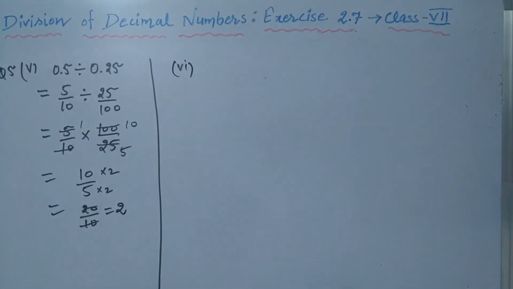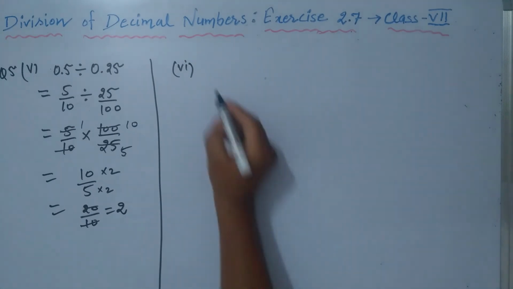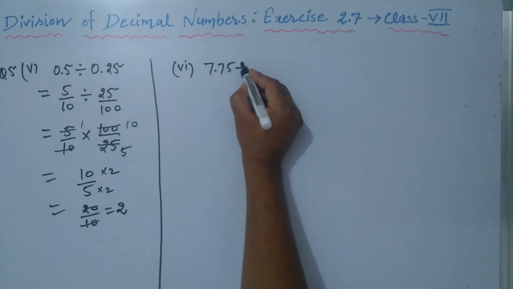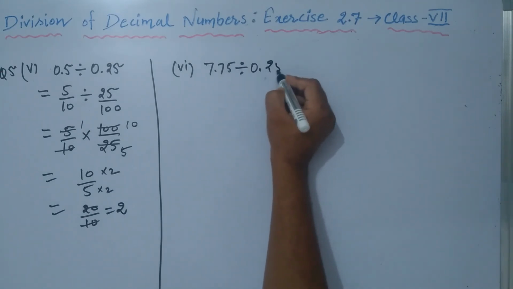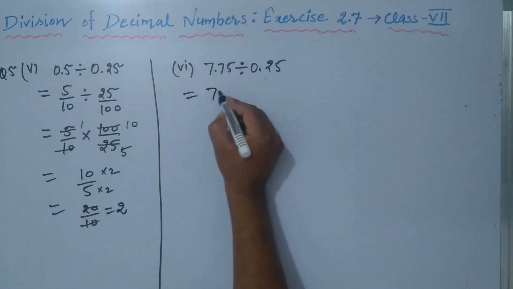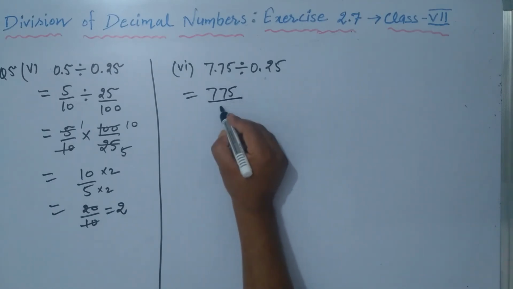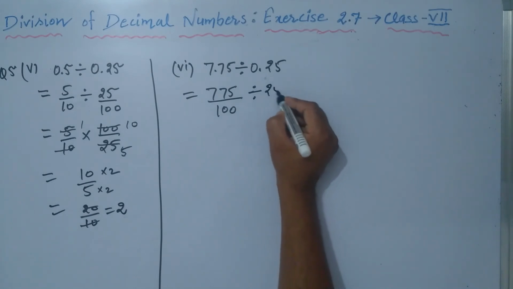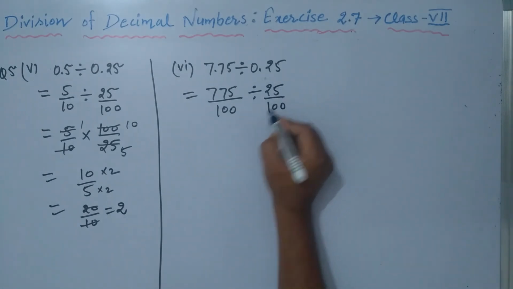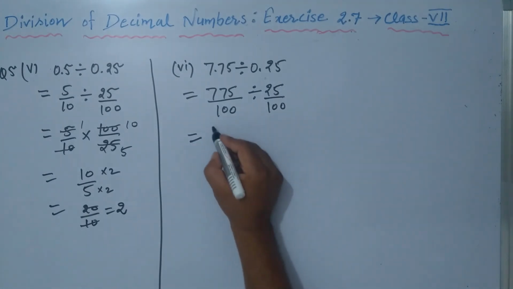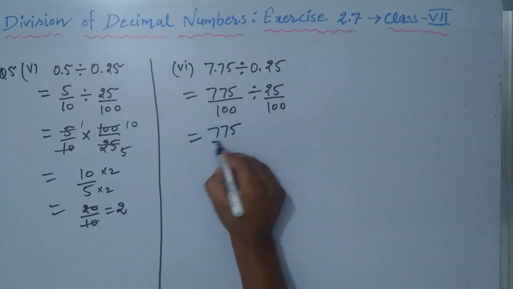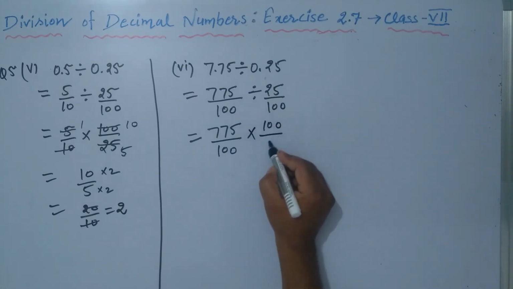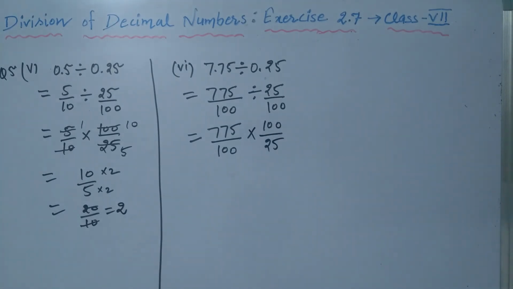Sixth part, we have 707.75 divide 0.25, which is equal to 70775 divide 100 divide 25 divide 100 is equal to 70775 divide 100 into 100 divide 25.